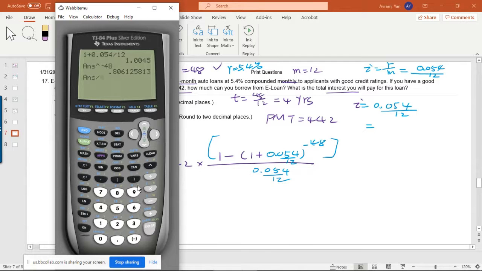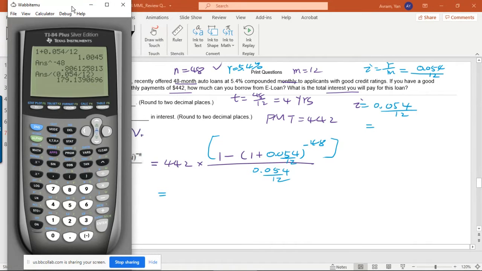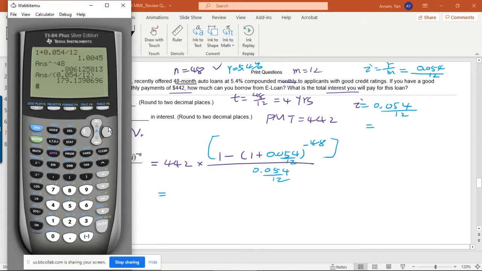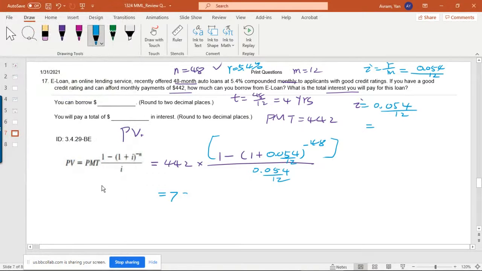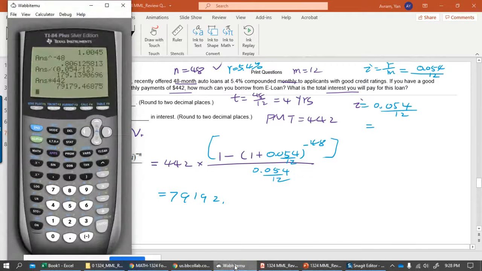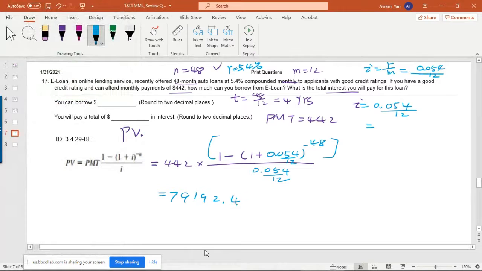And then we divide by this denominator, which also needs another parenthesis, and then multiply by 442. Okay, round to 2 decimal points in here. All right, so that is the present value in this case.